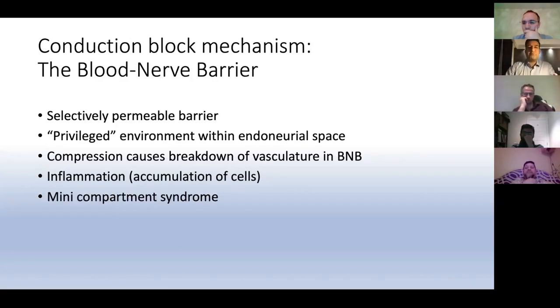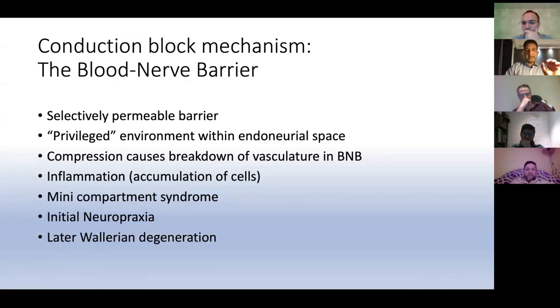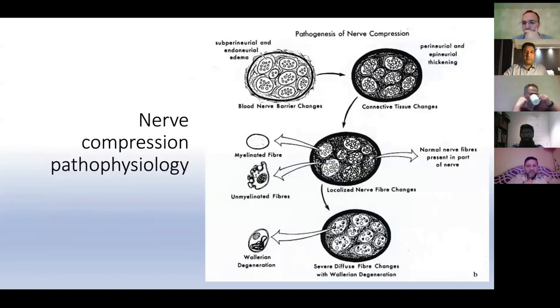Now, the only reason I put this slide in is because I have heard of examiners saying to people, well, how does the conduction block actually cause the problem? This is what it does. It's that selective permeable barrier which creates an immune privileged environment, okay? And it initially starts as a neuropraxia or a conduction block, and it later progresses to form Wallerian degeneration. So that's a little diagram of what I was saying.